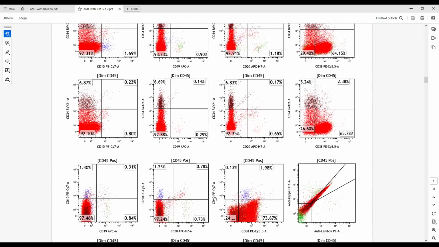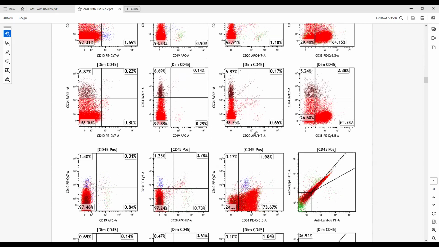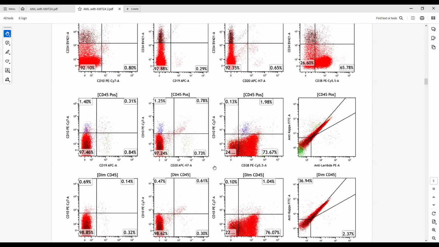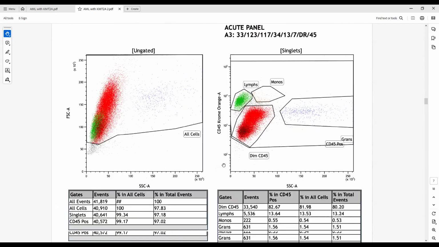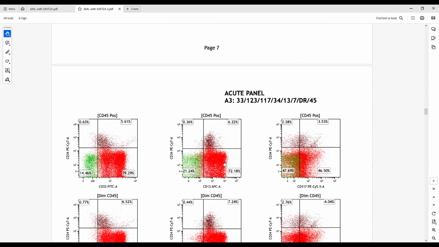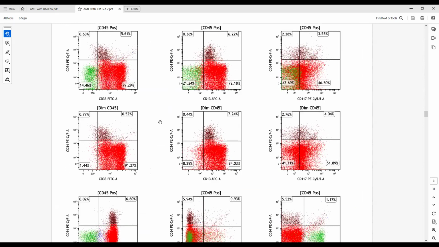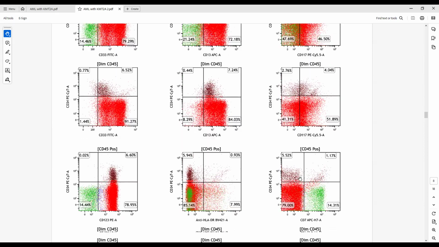This is our B cell tube. CD19 is negative, CD20 is negative, CD10 is negative in these blasts, and CD38 is dim. Now here, this is our myeloid tube. CD33 is positive, CD13 is positive, and CD117 is dim.